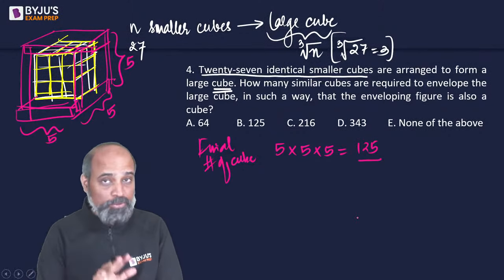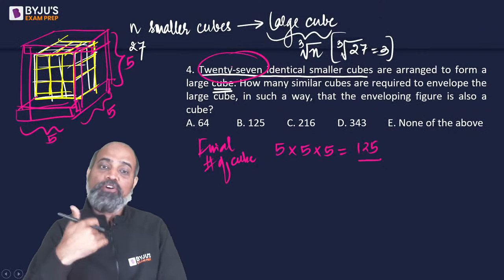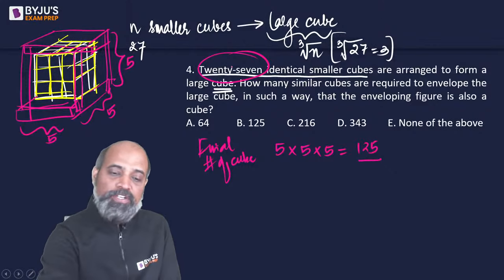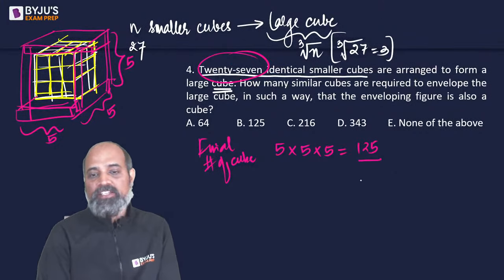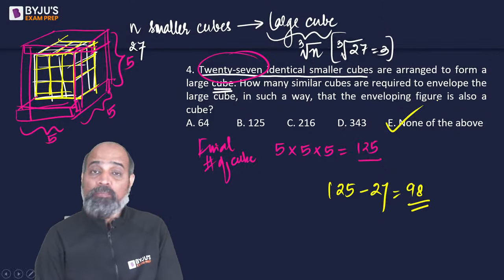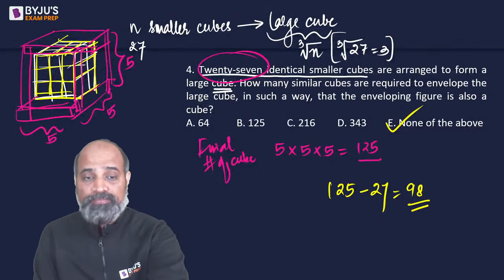Total cubes are 125, out of which we have 27 that were already present. So how many extra cubes did we require? The extra cubes were 125 minus 27, which is 98. So we need 98 more cubes to actually cover that smaller cube.